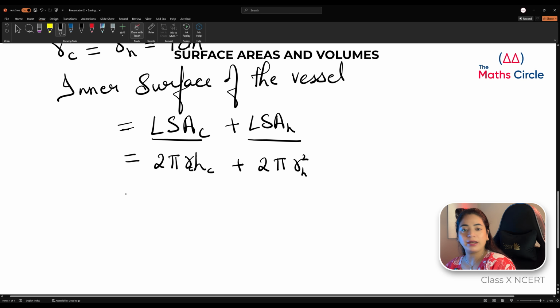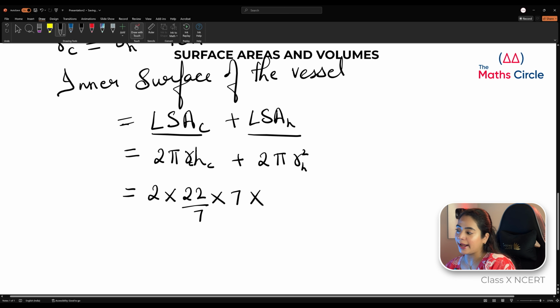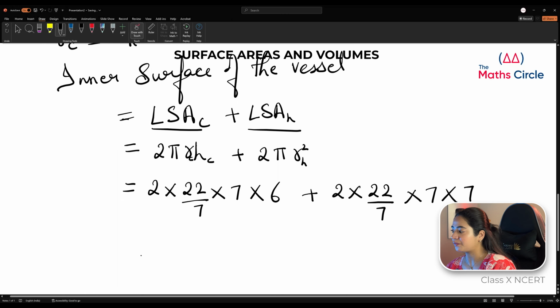We substitute the values of these. So 2 multiplied by the value of pi, which becomes 22 by 7, RC is 7 centimeter and HC is 6, plus 2 multiplied by 22 by 7, multiplied by 7 and taking the square of this 7.